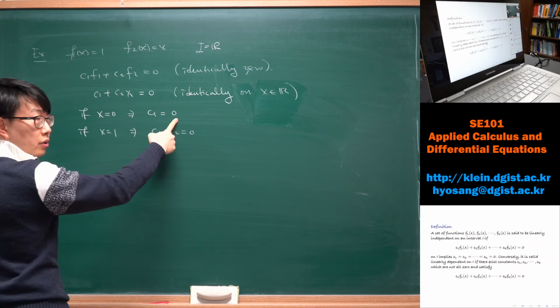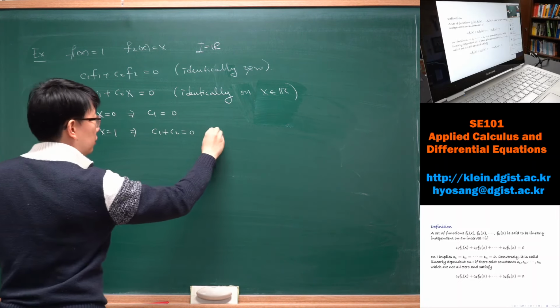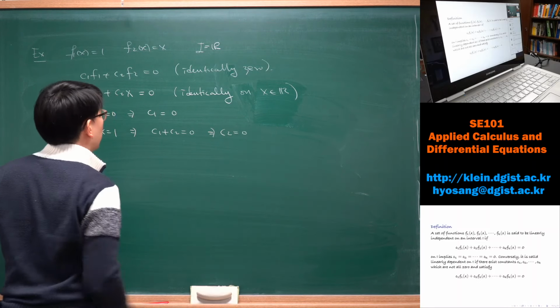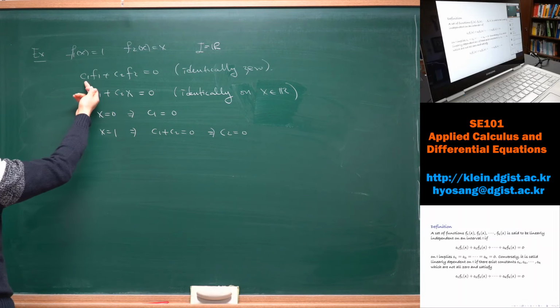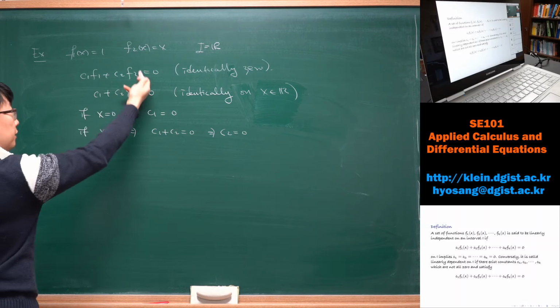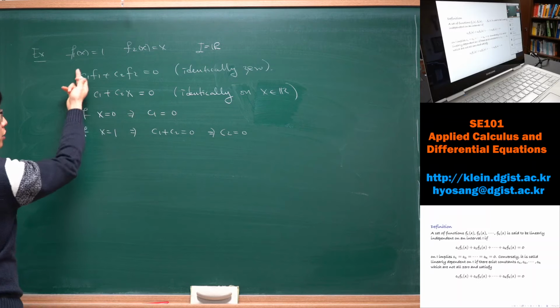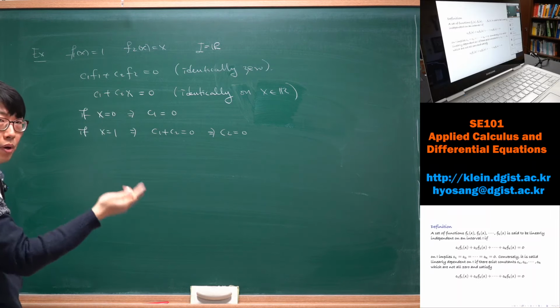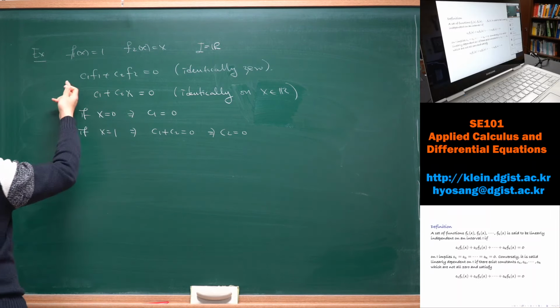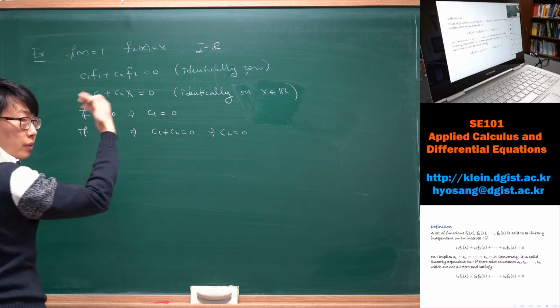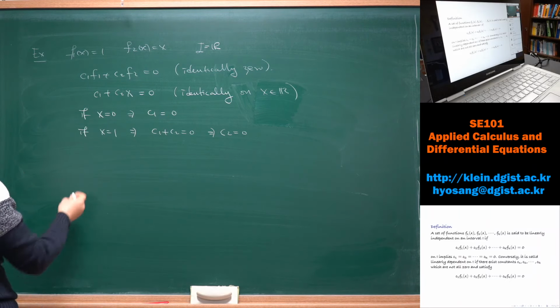But since I know that c1 is already 0, this means that c2 is 0. So the only way I can make the left-hand side identically 0 is choosing c1 and c2 equal to 0. So this is 0 if and only if c1 and c2 are 0.